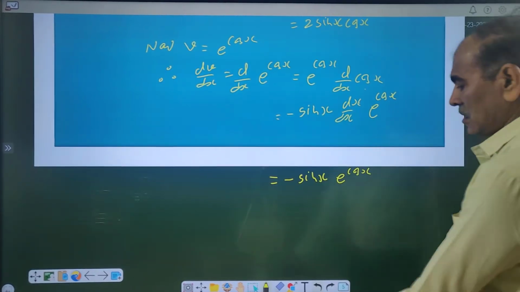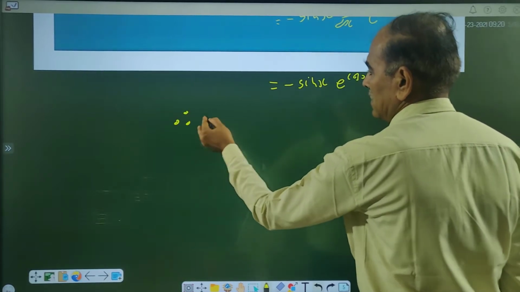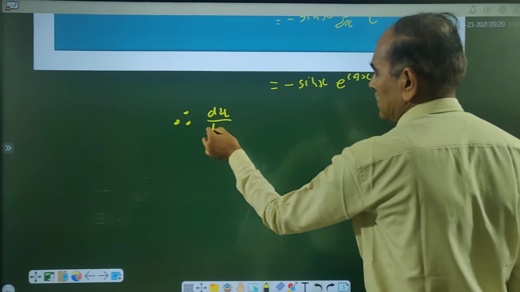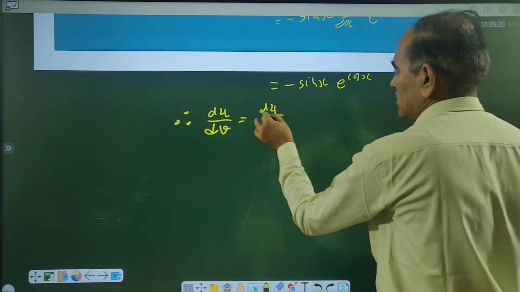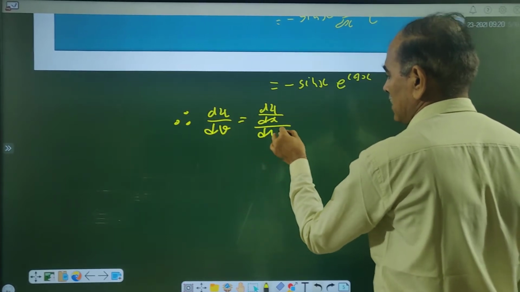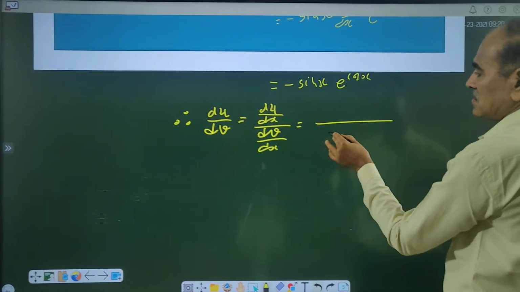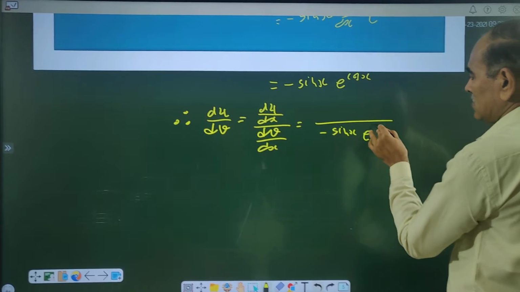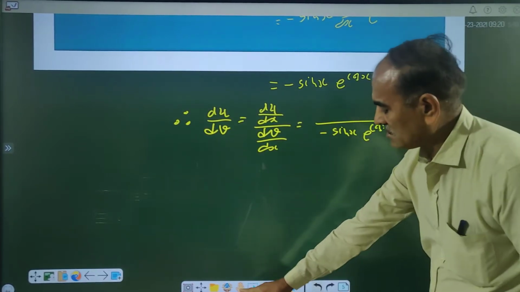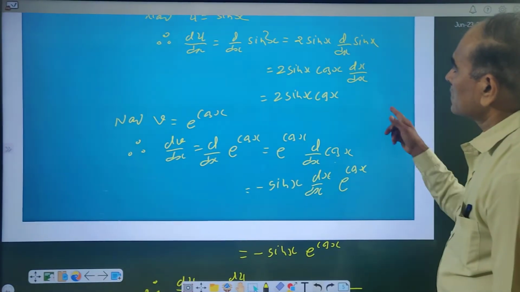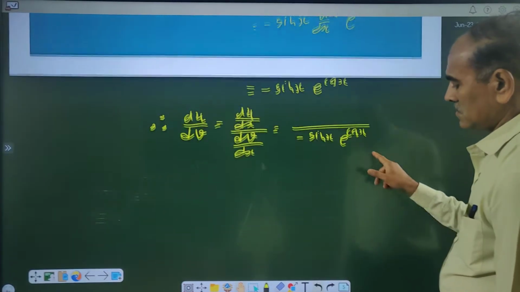So what is the derivative of u with respect to v? Therefore du by dv is du by dx divided by dv by dx. dv by dx is minus sin x e raised to cos x, and du by dx is 2 sin x cos x.